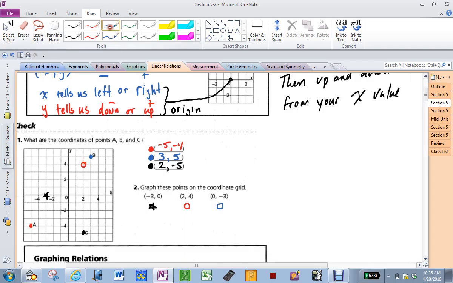And James, since you are so happy, where do I put my blue square? Down 3. I don't have to go left and right. I thought I said I went left and right first. But it's 0 left and right, so I just go straight down 3. Blue square. Everybody good?